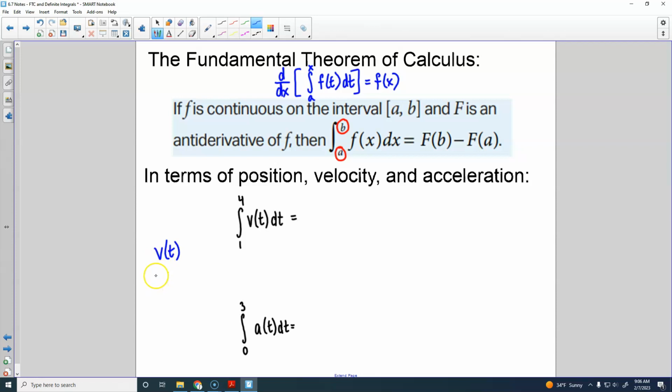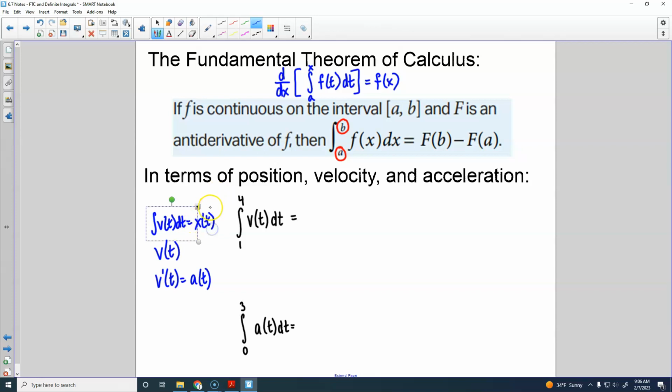If we take the derivative of v of t, what does that give us? That gives us acceleration, the rate of change of the velocity. That's not the direction we're going here. If we integrate v of t dt, what does that give us?